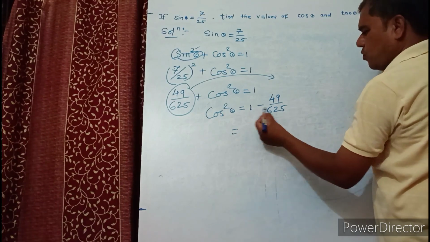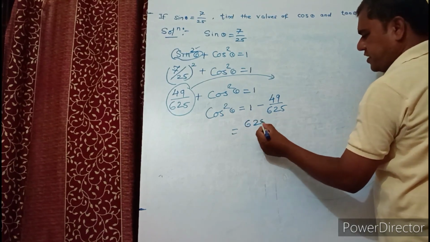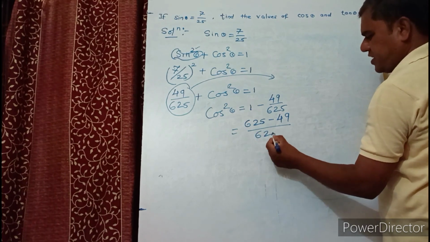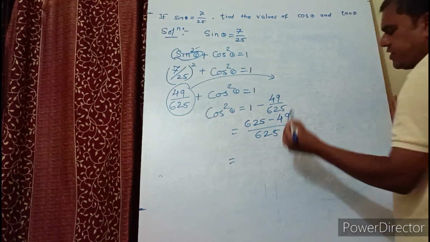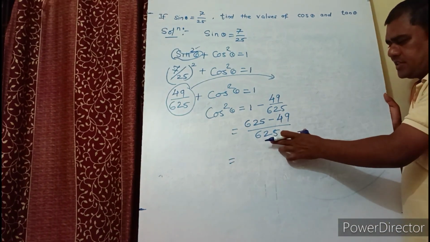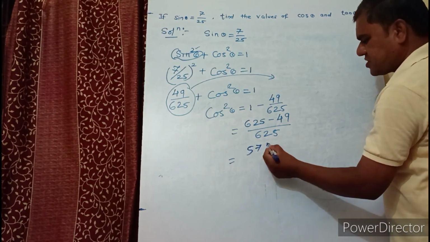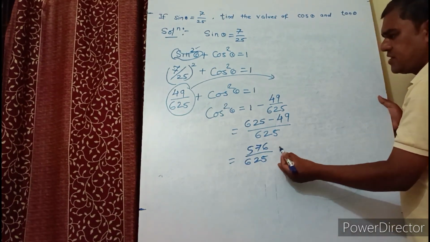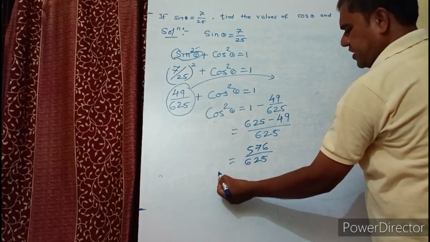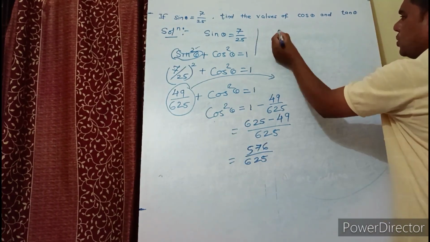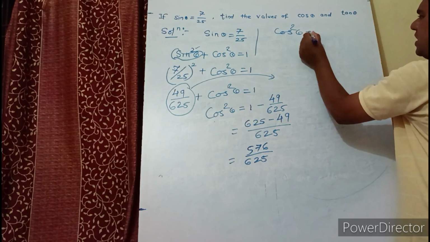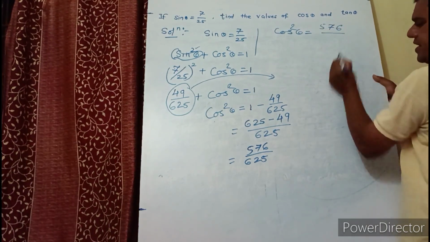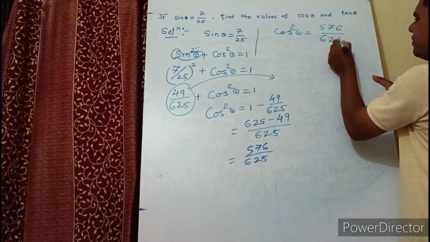Now this will be 625 minus 49 divided by this 625. Now 625 minus 49 is 576 divided by 625. Now we get the value of cos square of theta: cos square of theta is equal to 576 divided by 625.